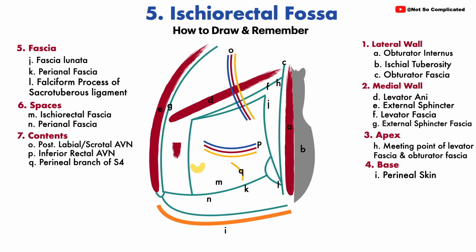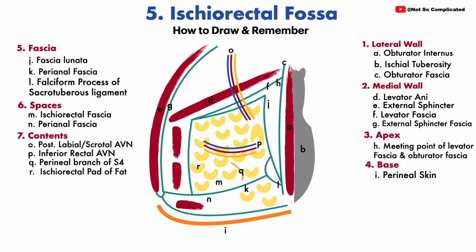All right, so there will be these different regions. These structures are fat. These are the fats, the ischiorectal pad of fat. These red dotted structures in here, these three structures, are the internal sphincter. That is how you have to remember.